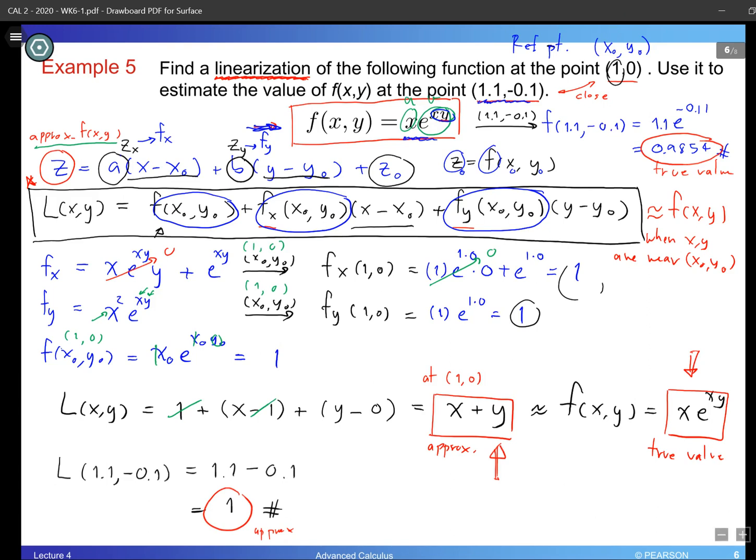So what you see right here, simpler calculation. But this one is more accurate. This one is accurate. This one simpler calculation, but with small error.